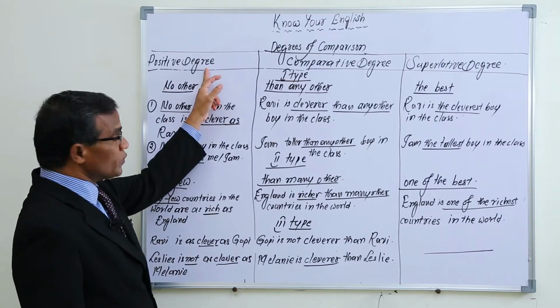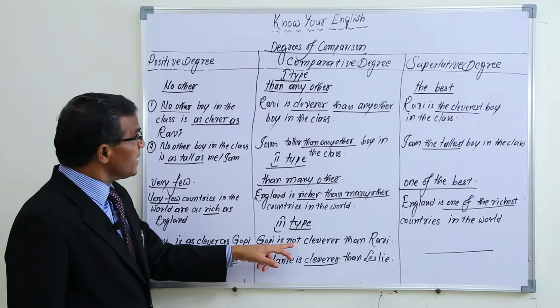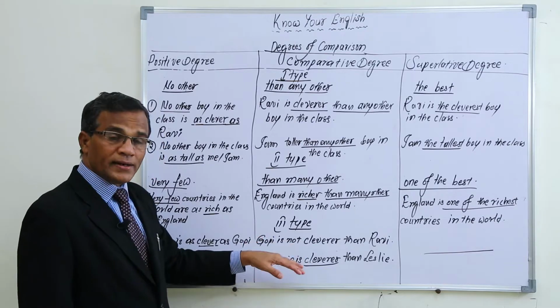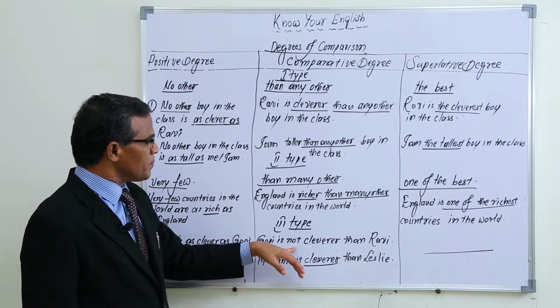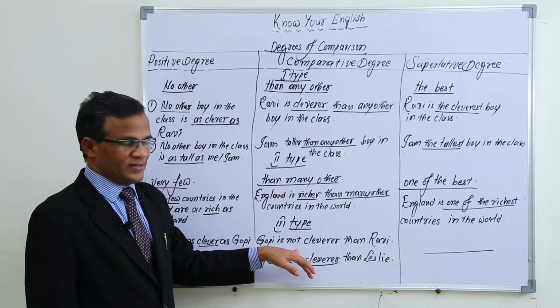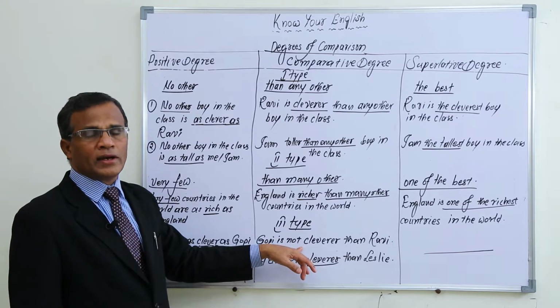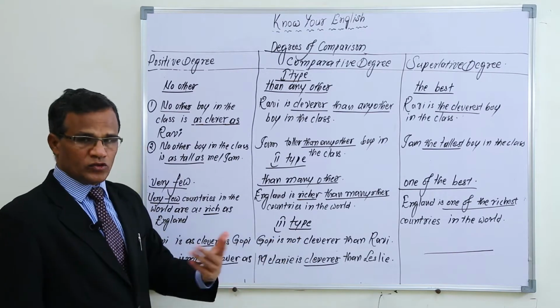So in positive degree, when a positive sentence is there, in comparative degree we find a negative sentence. Which means in this sentence we find no, not, or never. Any of those words, if you find, that is a negative sentence.